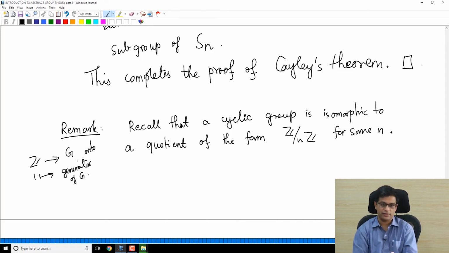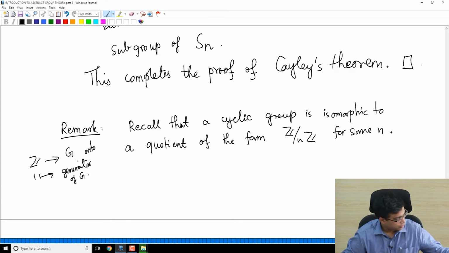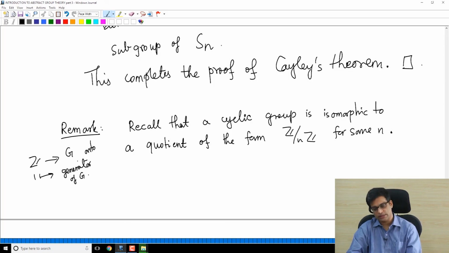So Z mod nZ is a very simple group, and to say that every cyclic group is of this form is very nice. Whereas Sn is a very complicated group. So knowing that every group is a subgroup of Sn is not in general that useful. Nevertheless, this is an important theorem in group theory because it says that every group sits inside Sn.